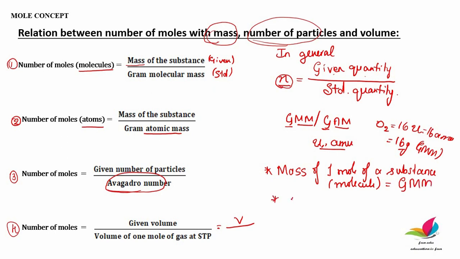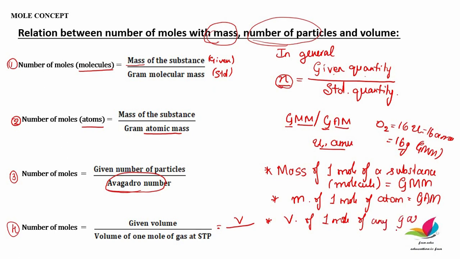Similarly, mass of 1 mole of an atom will be equal to gram atomic mass, and the last one is volume of 1 mole of any gas at STP is equal to 22.4 liters. Okay, this is the standard quantity. So these 3 things you have to remember. Okay, these 3 points are very important. You have to remember this one.